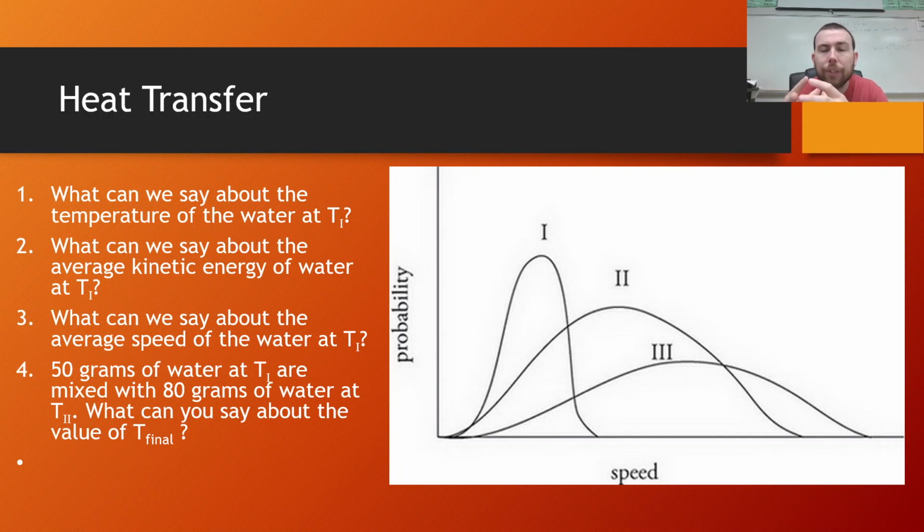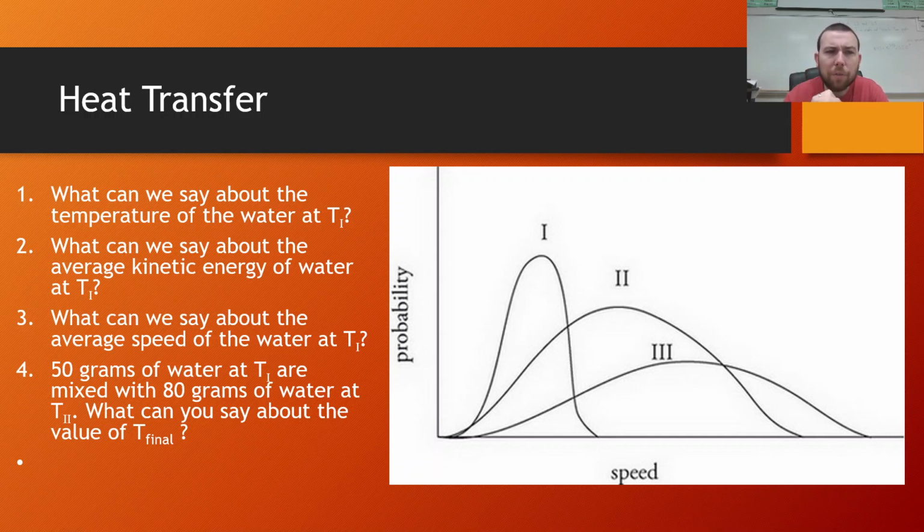Because it's colder, the individual water particles have a smaller range of values. In terms of the average speed, we can also say that the average speed for temperature 1 is the slowest.